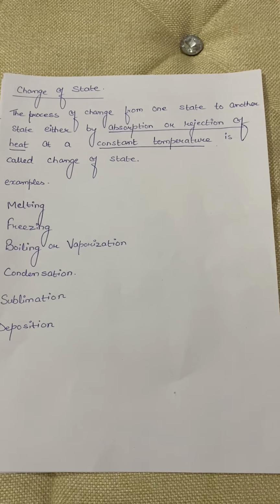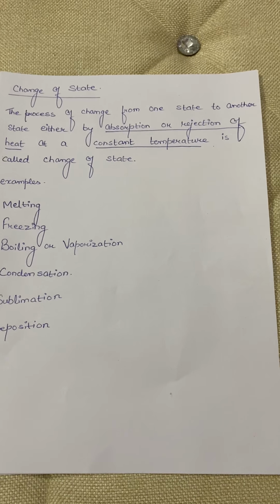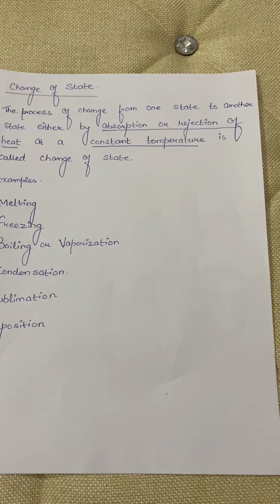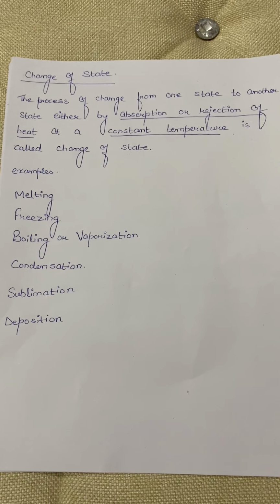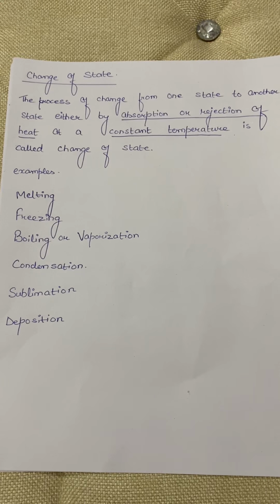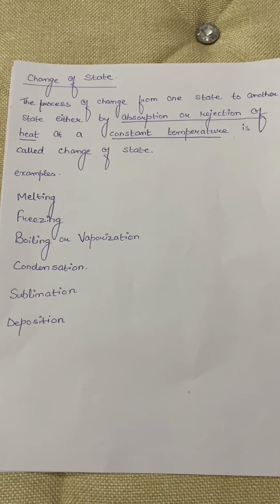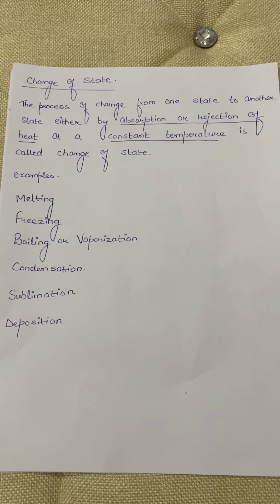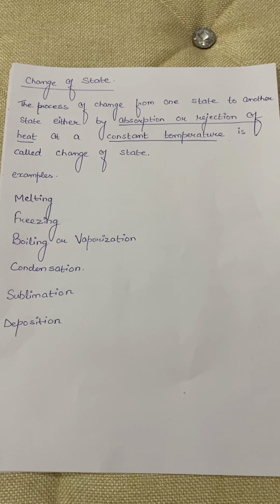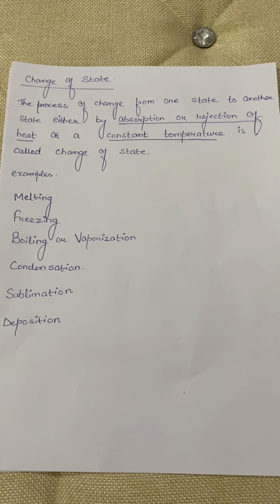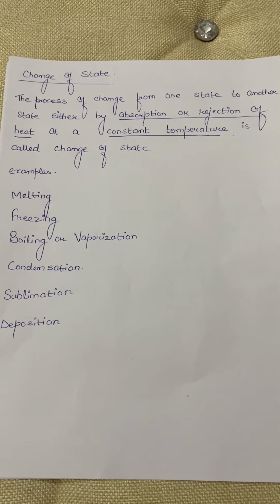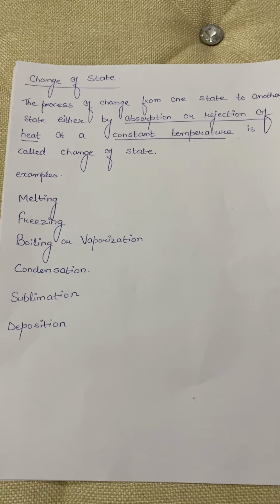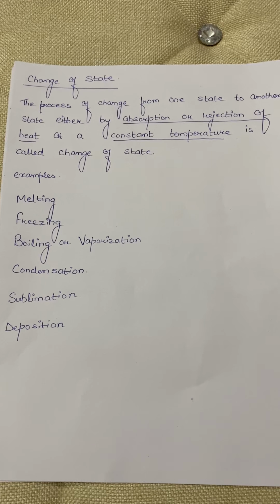Suppose when a solid is heated, it changes into its liquid at a fixed temperature. This process is called melting or fusion. And the reverse happens when the liquid is cooled. The liquid freezes into solid at the same fixed temperature. This process is called freezing. So melting and freezing are just the opposite of each other.